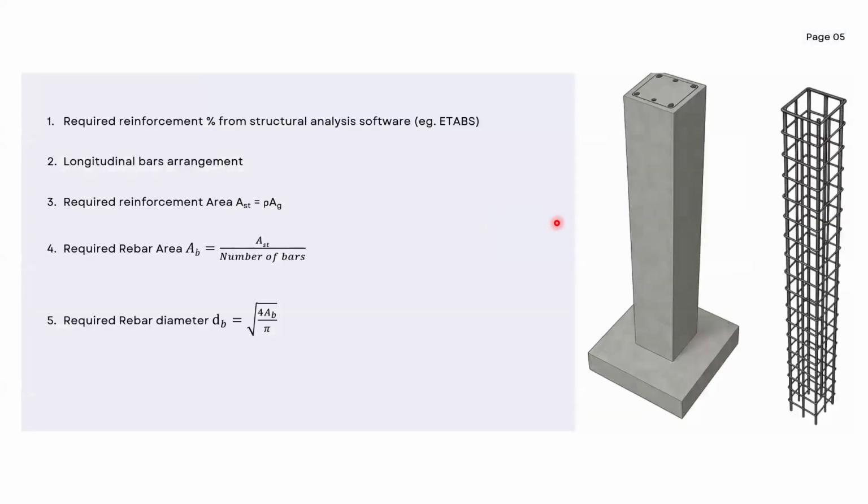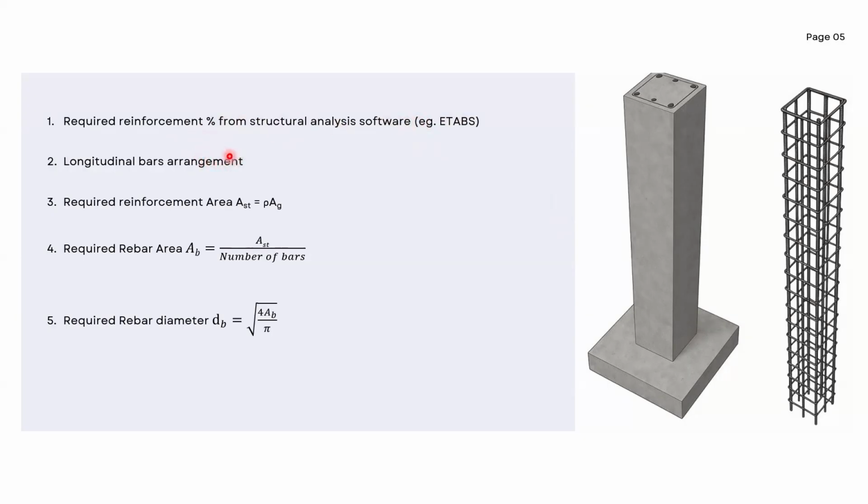Okay, so let's say we performed a structural analysis of the building and we have our model and we have the required reinforcement percentage from the structural analysis software, like ETABS, for example. So what we do first is we find the percentage of reinforcement required for the column inside the software.